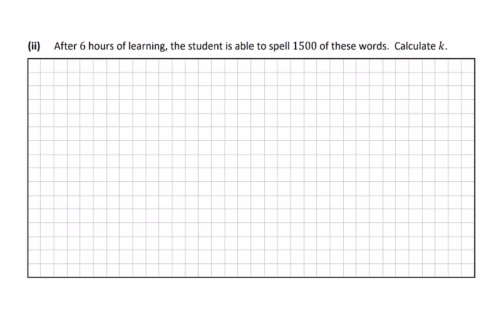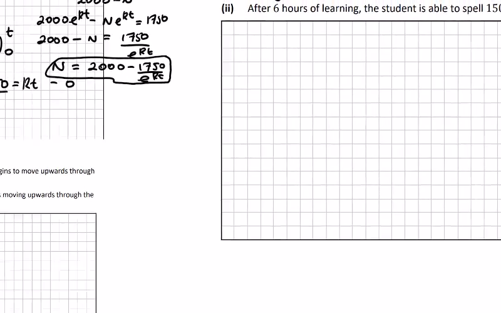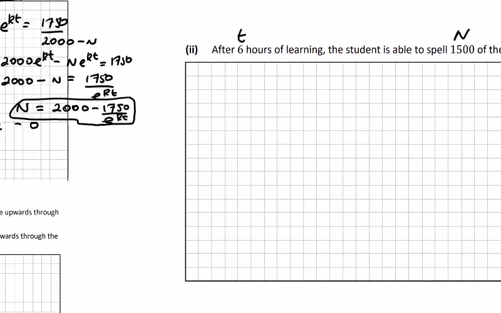Next, part 2, after 6 hours of learning. So when t is 6, n is 1500. We'll have to find k. So t is 6, n is 1500, and 1500 equals 2000 minus 1750 over e to the power 6k.